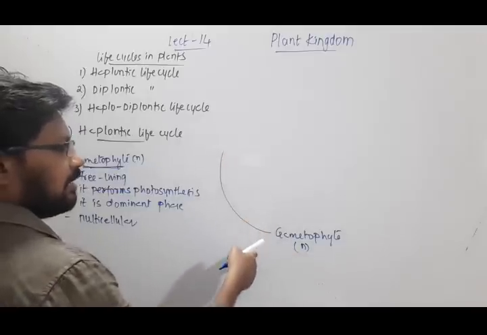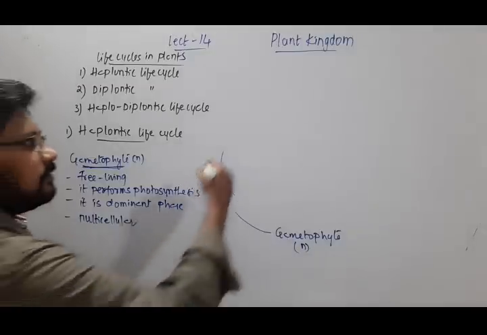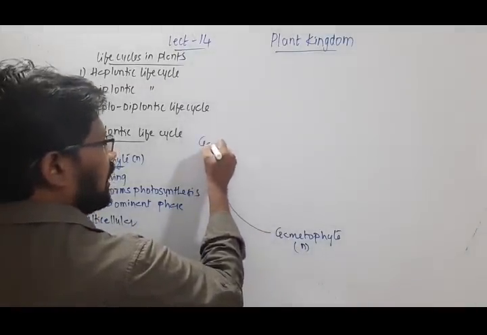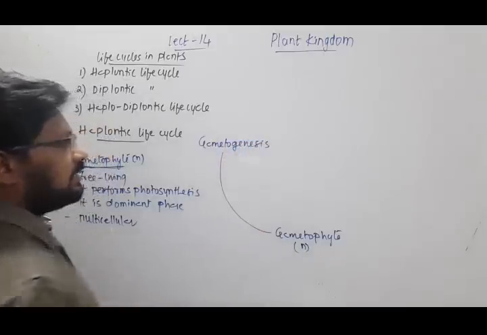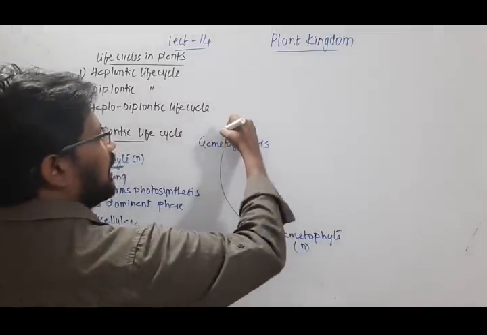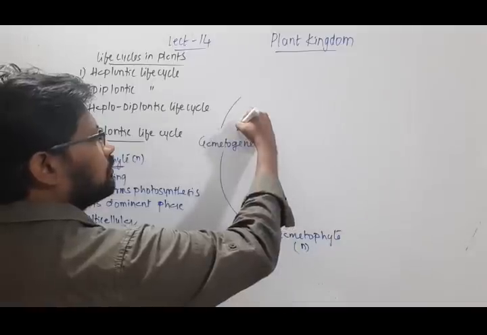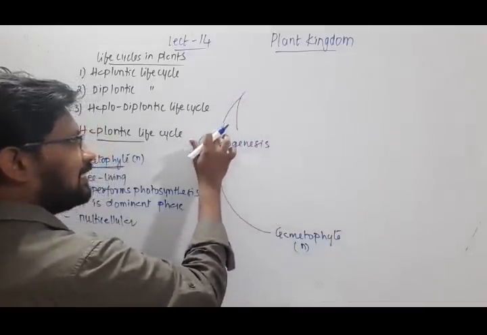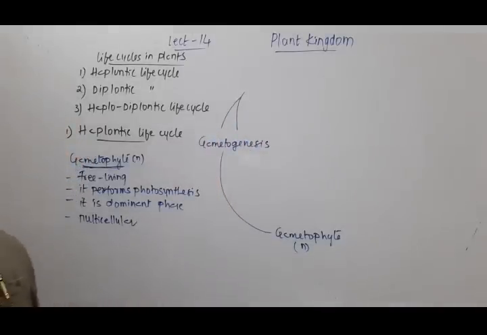This gametophytic phase is gamete producing. The production of gametes is called gametogenesis. Here I'll put two lines indicating one male gamete and one female gamete.